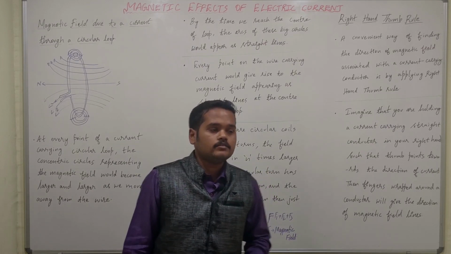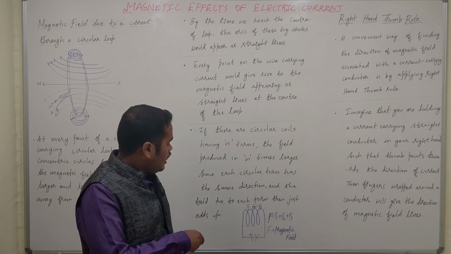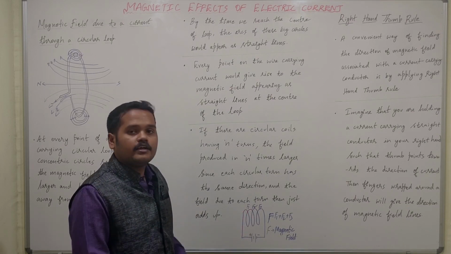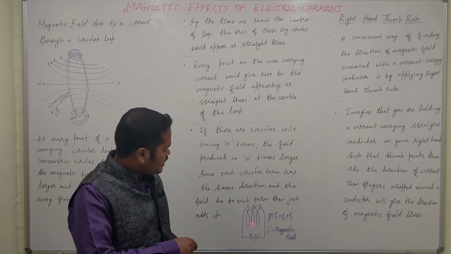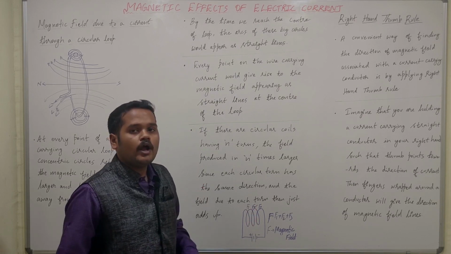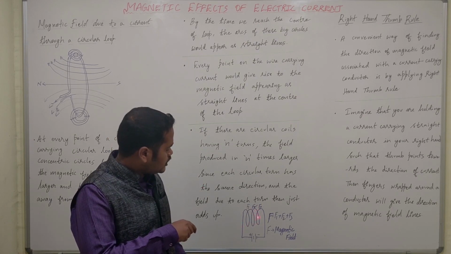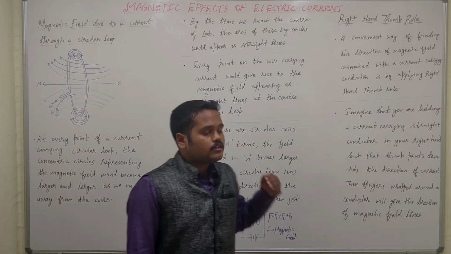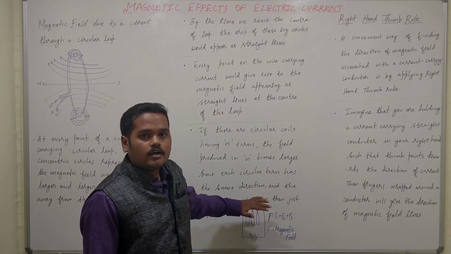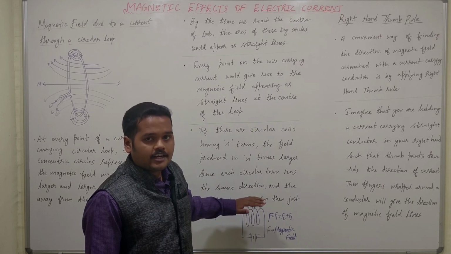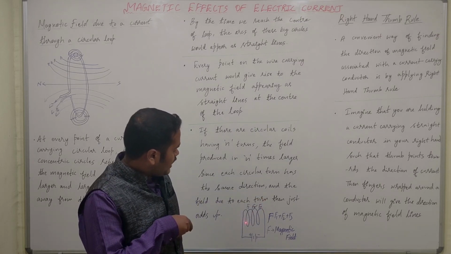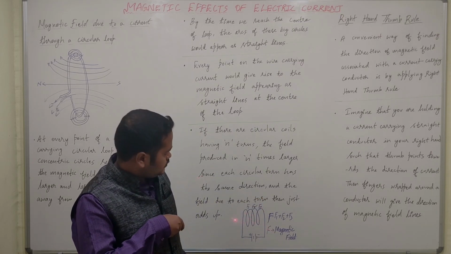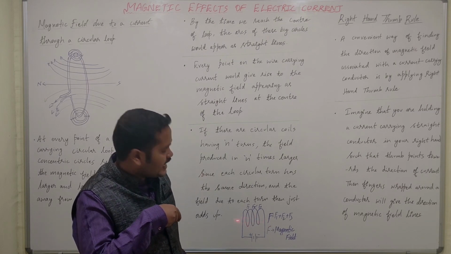So what happens? The magnetic field is produced in loop 1. Magnetic field is also produced in loop 2, and magnetic field is also produced in loop 3. Since the current flowing throughout the coil remains the same, what happens to the magnetic field? It gets added up.